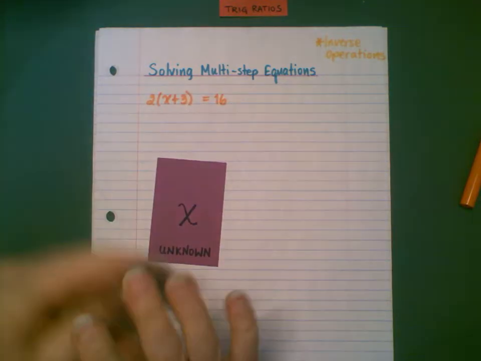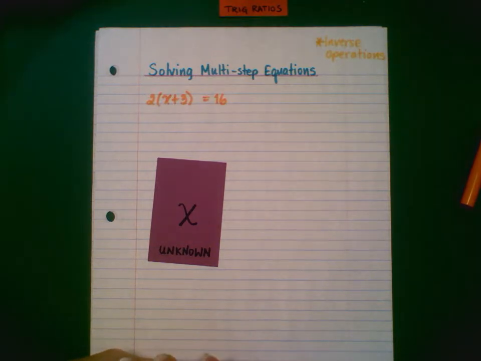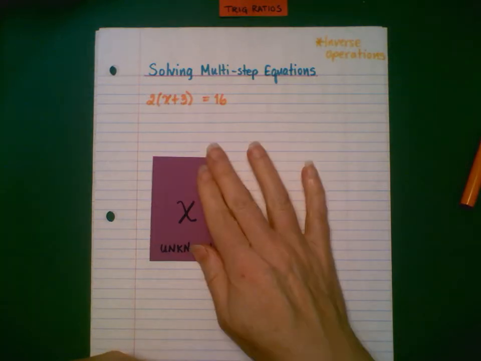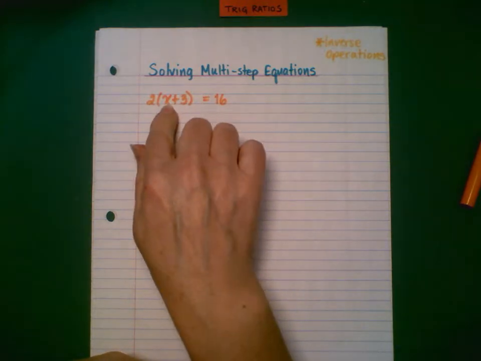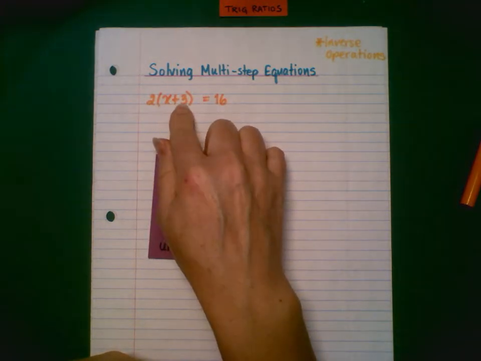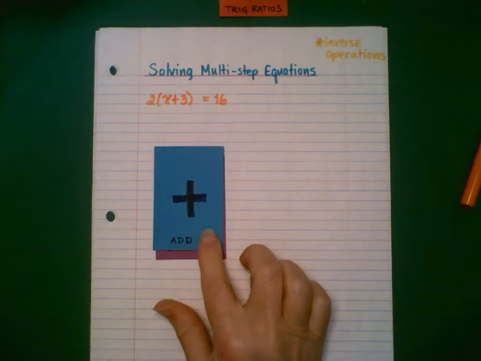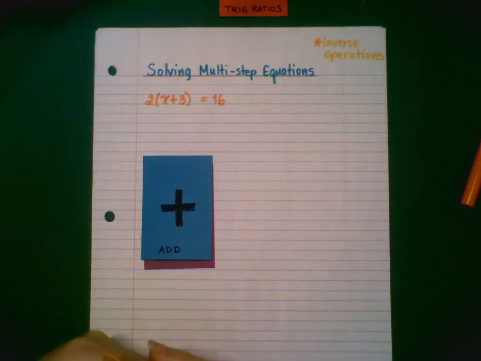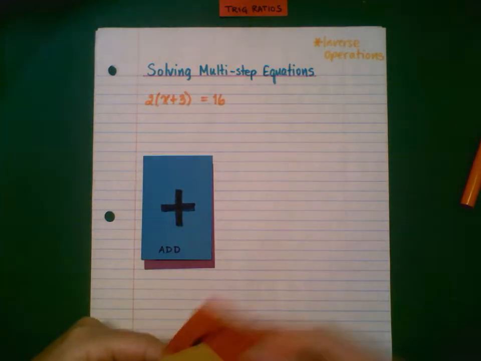Then you have to consider what are the different operations or different things that have been done to change the value of that variable, to make the total 16. Starting with the x here, it has had 3 added to it. Think of that like a layer of an onion. Then that was placed in brackets.